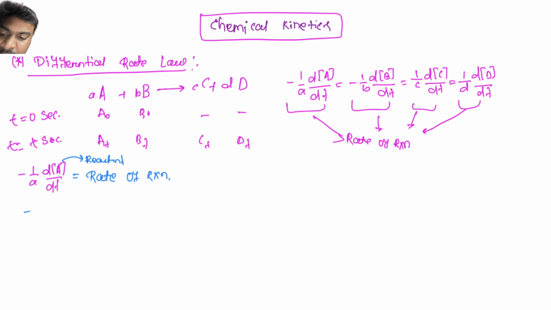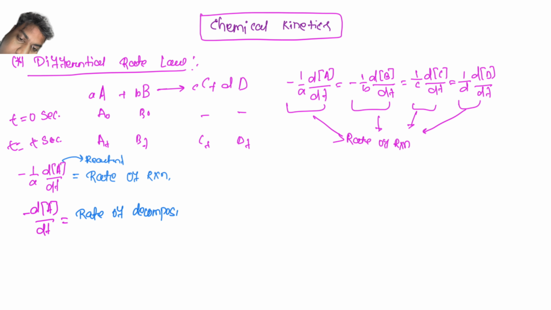One more thing: if I write dA by dt, this will be known as rate of decomposition of A. Similarly for B, the rate of decomposition of B can also be written, and for C the rate of formation of C, and for D the rate of formation of D can also be written.